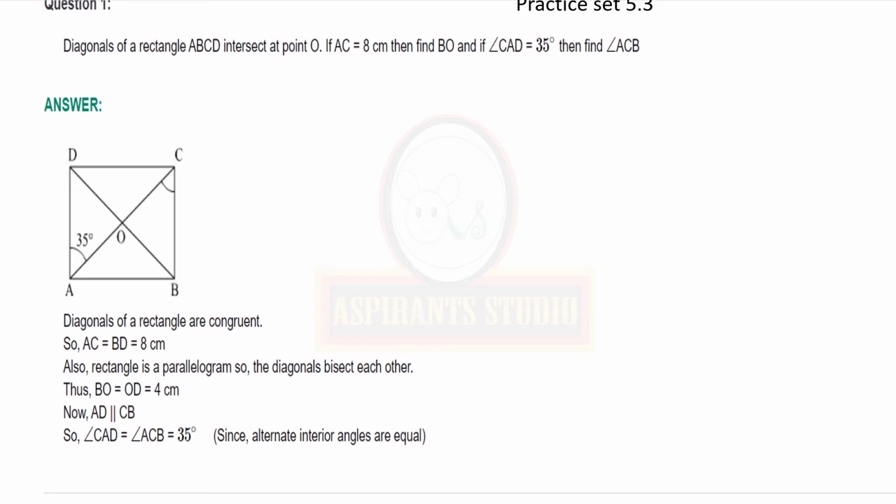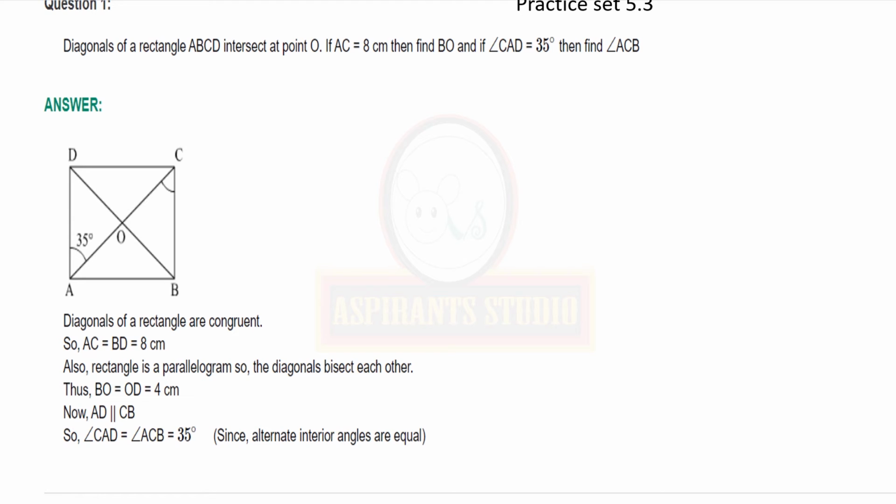Now AD is parallel to CB since ABCD is a rectangle. And we are going to take AC, line AC, to be the transversal.